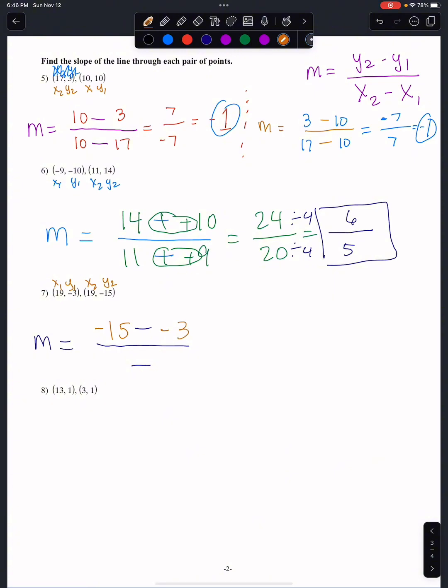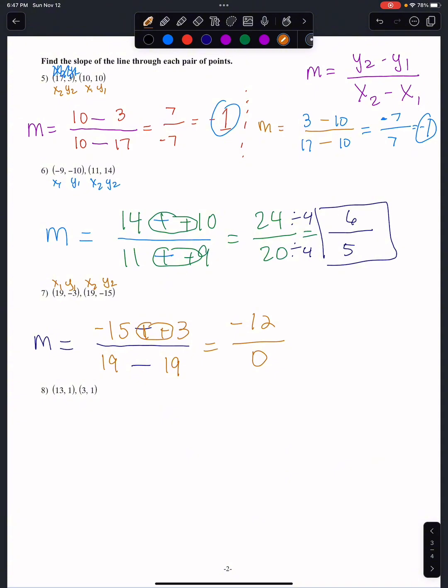X2, 19. X1 is 19. Then we got this double sign right here. So negative 15 plus 3 is a negative 12. 19 minus 19 is 0.